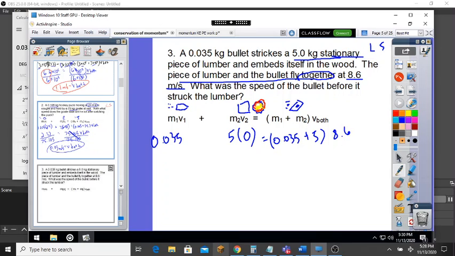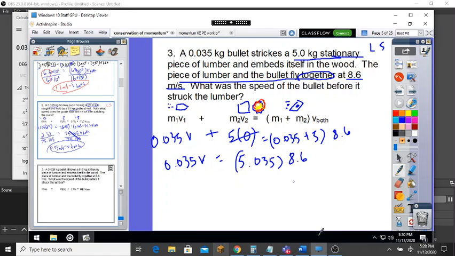So now we are trying to solve for V over here, okay? So how do we solve for V over here? Well, break it down one step at a time. 0.035 V. 5 times 0 is 0. That's nice, right? 0.035 plus 5 is 5.035.